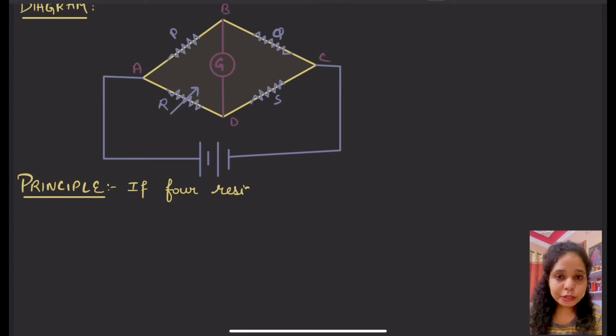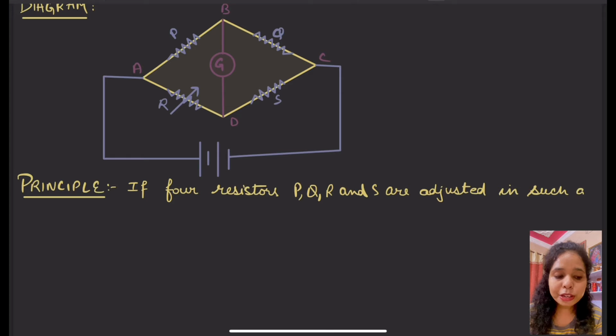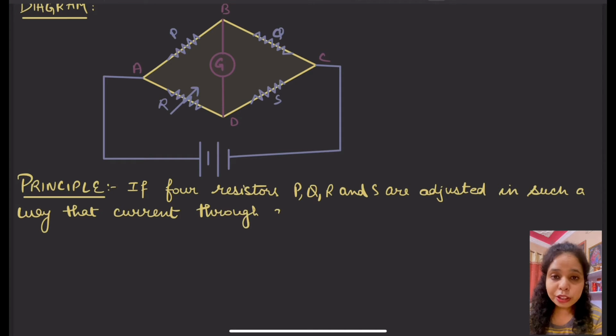So, according to the principle of a Wheatstone bridge, if 4 resistors, that is P, Q, R and S, are arranged in such a way that the current flowing through the galvanometer becomes 0, that means we are adjusting the values of these 4 resistors in such a way that the current flowing through the galvanometer becomes 0, then the bridge is said to be in balanced condition.